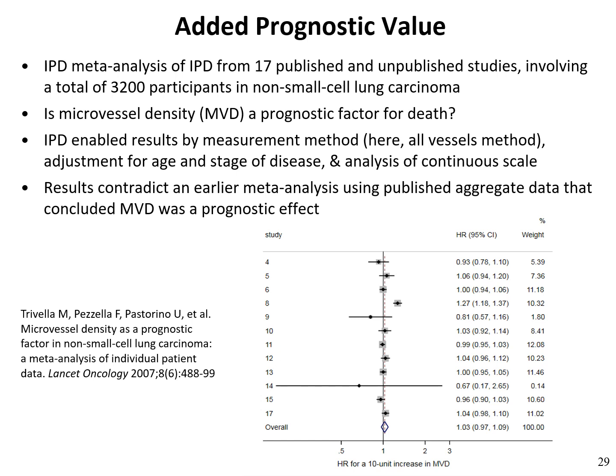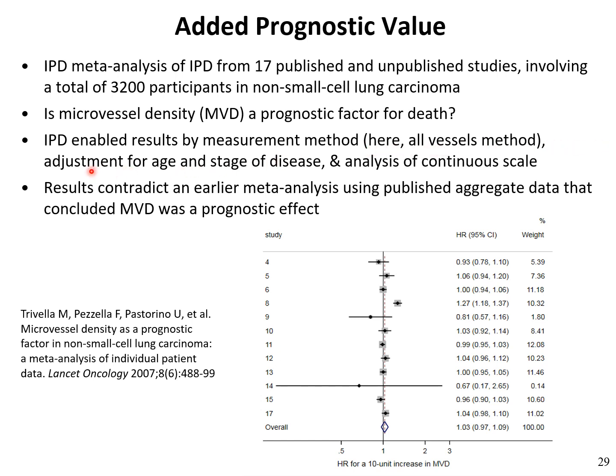What about added prognostic value? Well, here is an example looking at the IPD meta-analysis of 17 published and unpublished studies, 3,200 participants with non-small cell lung carcinoma, and the question was, is microvessel density a prognostic factor for death? IPD enabled results to be derived for each measurement method. Here, this is the all vessels method.